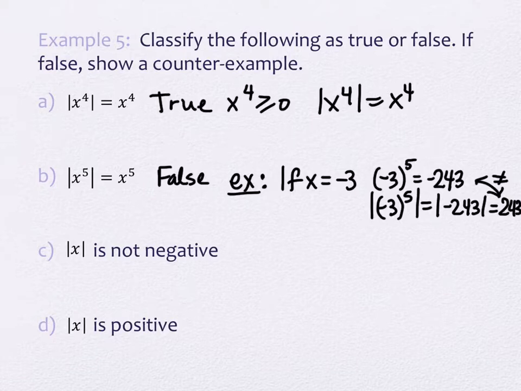Now C and D almost sound like they're alike. They're not exactly alike. They're slightly different. C says absolute value of x is not negative. That is true. And if you want to think about why, Abby, you were pretty sure of yourself.